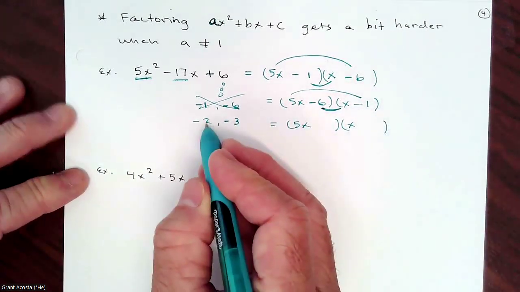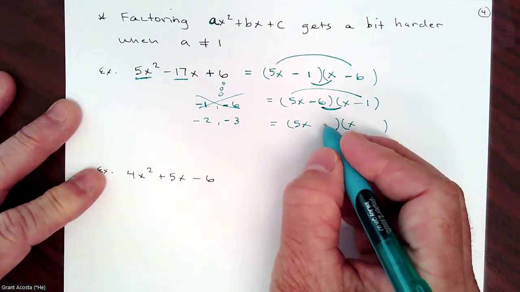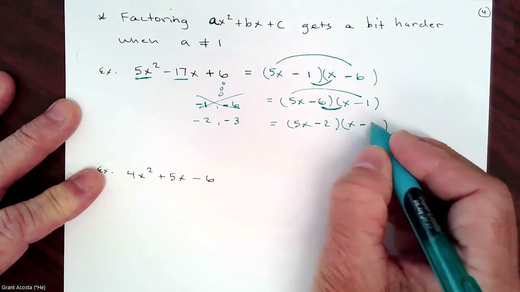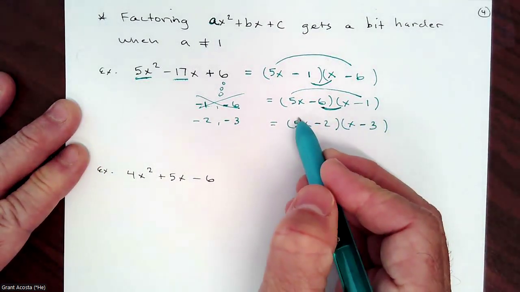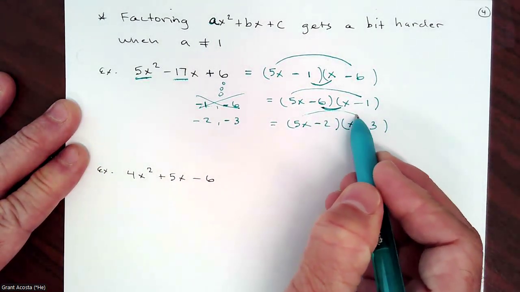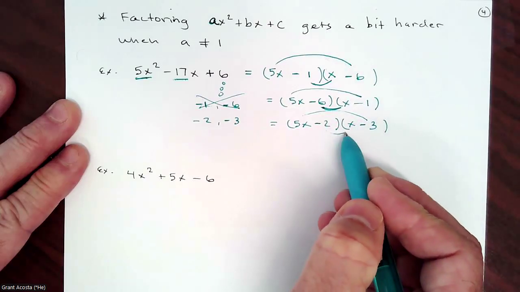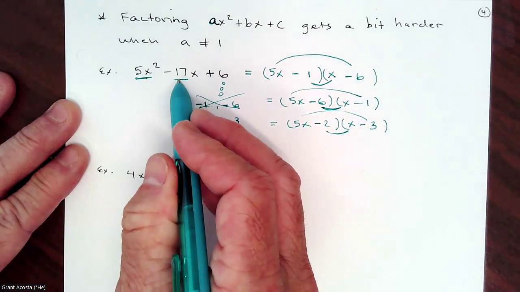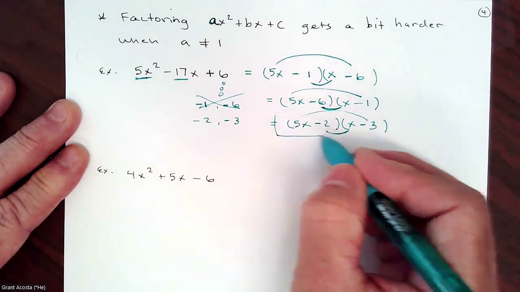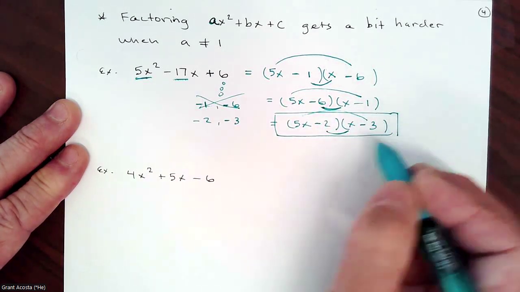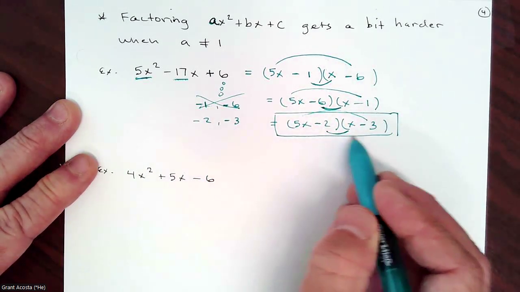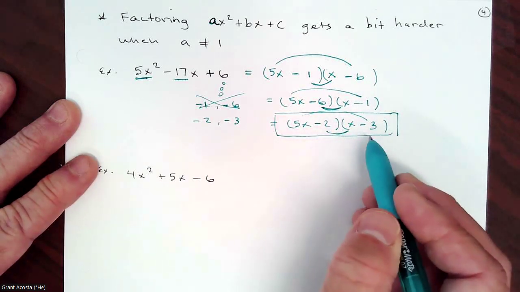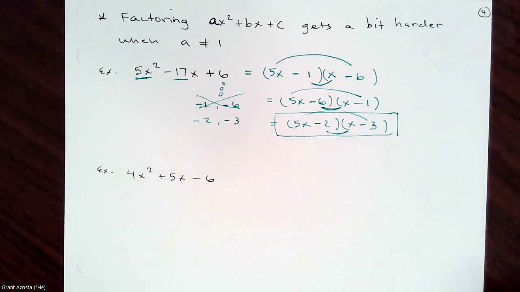So let's move down to the minus 2 and the minus 3. If I put the minus 2 there and the minus 3 there, check my middle terms: minus 15x minus 2x, and that actually does add to minus 17, so I've got it. The only other option I would have had was flipping these, so luckily I got it on the third attempt.